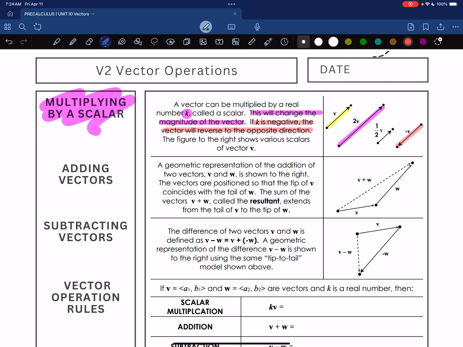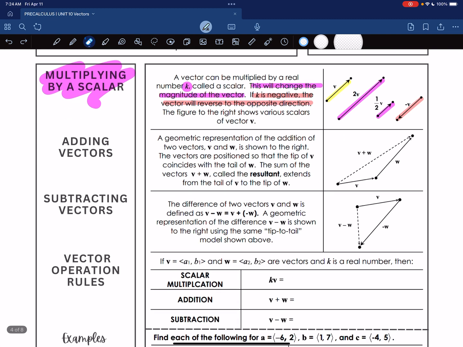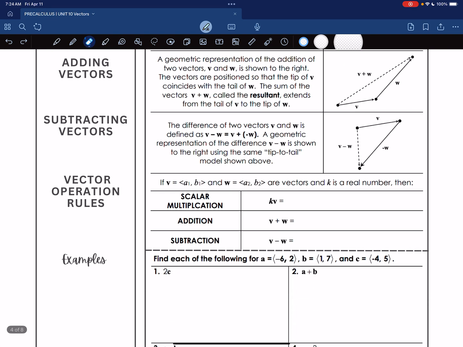You can see that here, that it is the opposite direction, but the same magnitude. And then also right here, the 1/2 v is half the original, which was our yellow. See that there? All right. So that is multiplication, a visual demonstration of that.